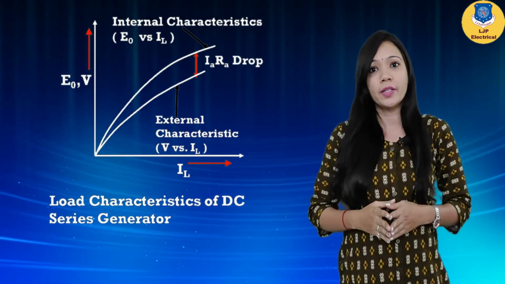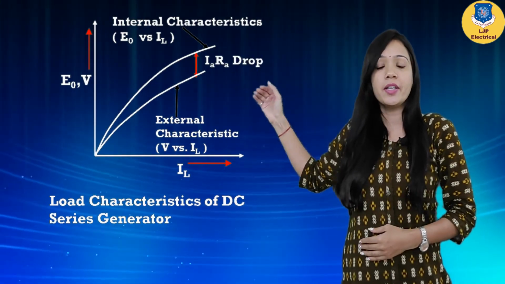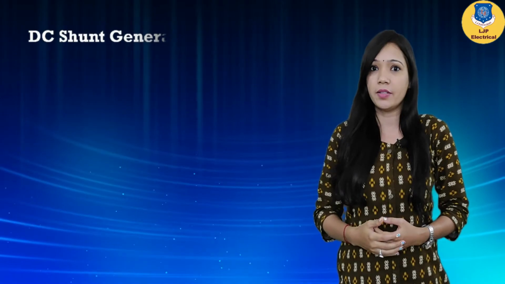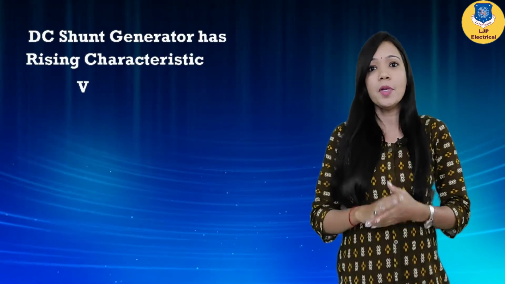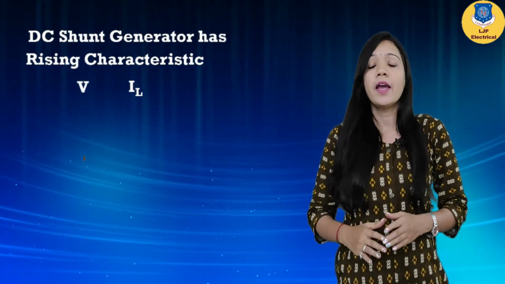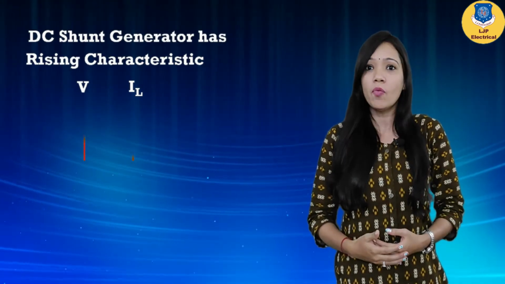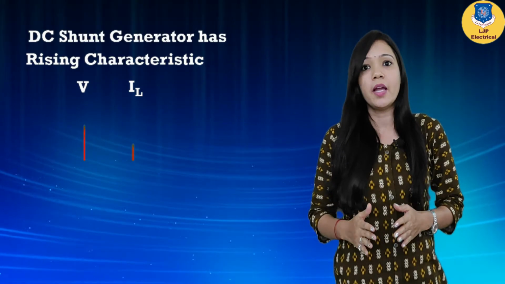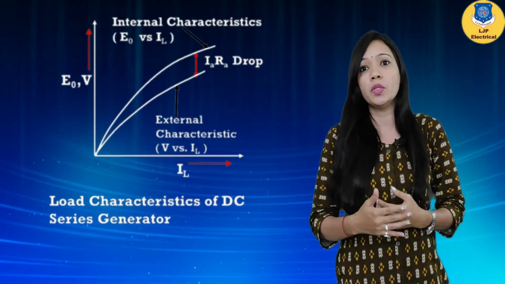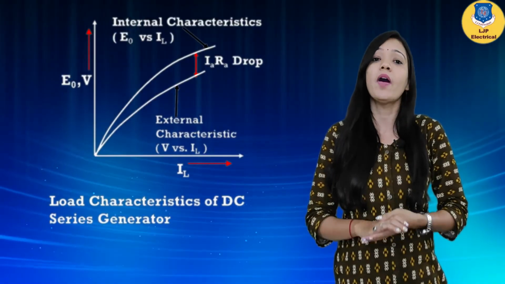It should be noted that the DC series generator has a rising characteristic because its terminal voltage increases as the load current increases. However, the terminal voltage starts to decrease at high load due to the demagnetizing effect of armature reaction.